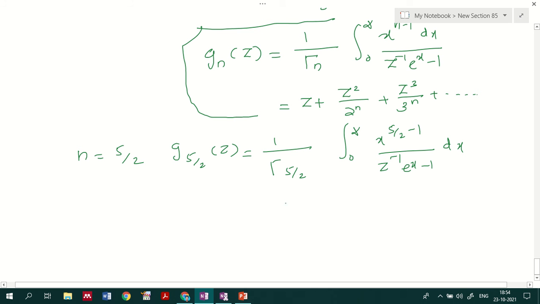Okay, then if you sort this out, you will be getting minus 2 by 3 into 3 by 2 into 1 by 2 root pi g raised to 5 by 2 of z. I'm just expanding what gamma 5 by 2 is here. Then you'll be getting minus 1 by 2.